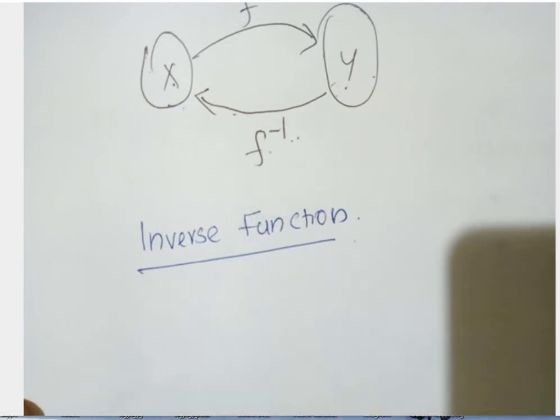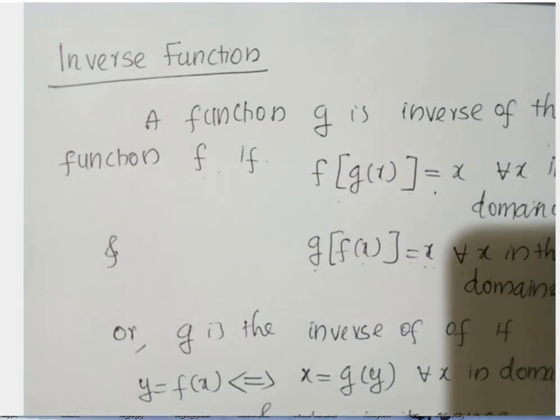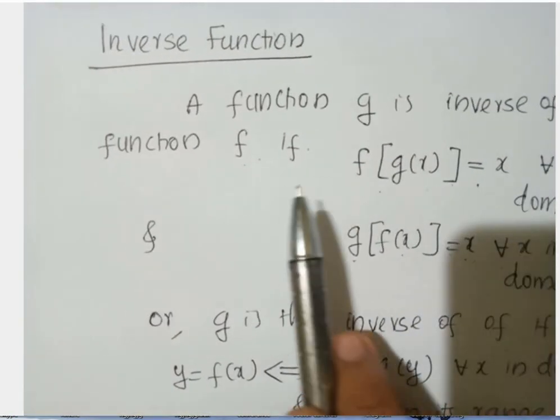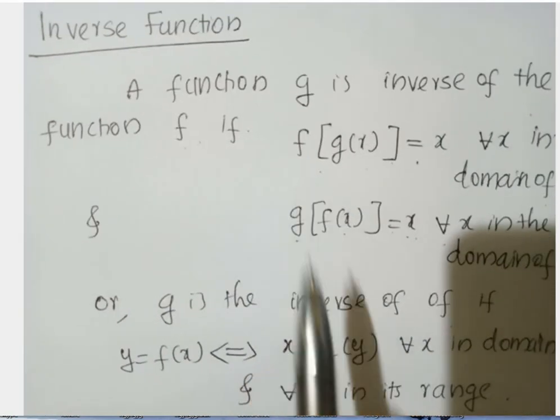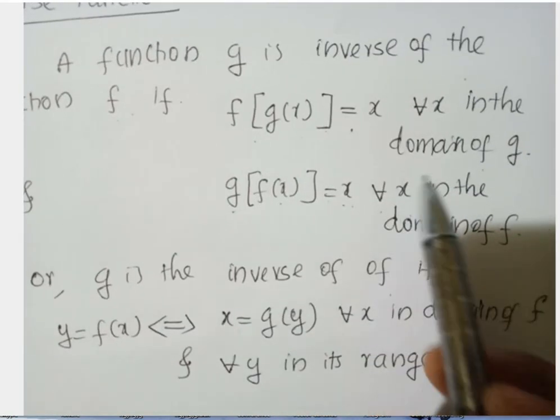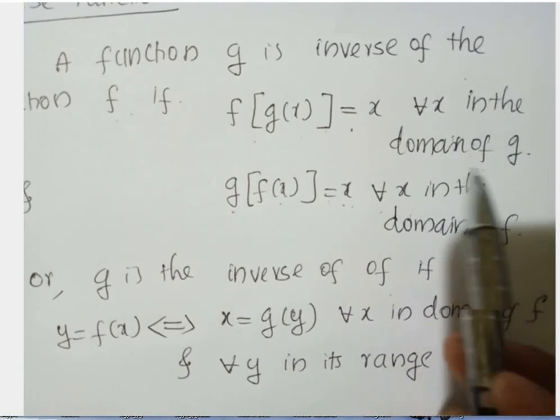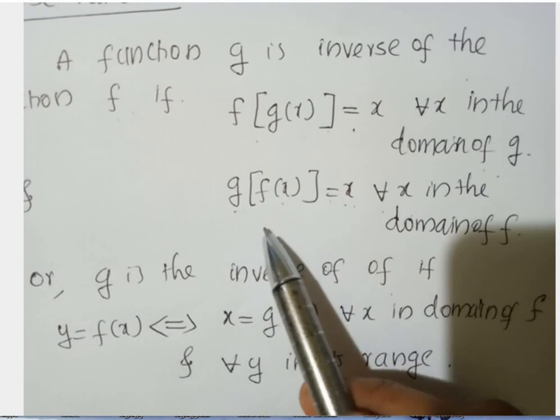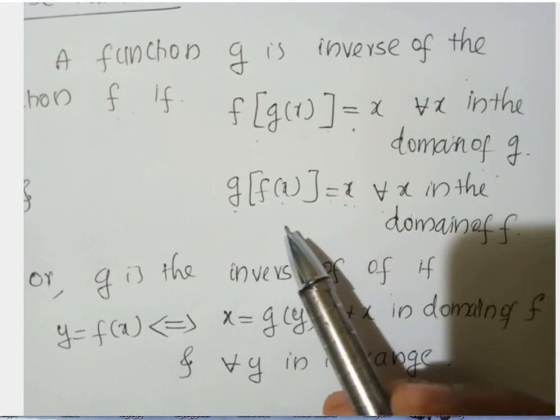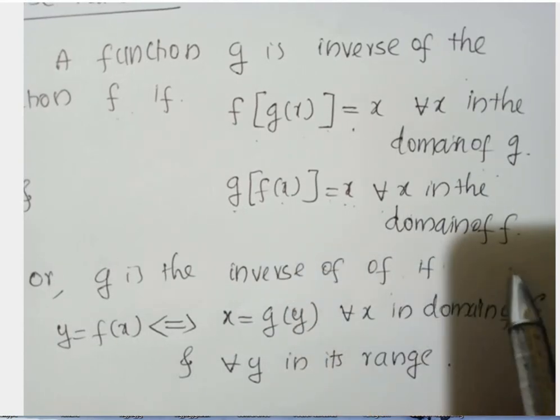Let's look at the definition from the textbook. A function g is the inverse of the function f if f of g of x equal to x for every x in the domain of g, and also g of f of x equal to x for every x in the domain of f.